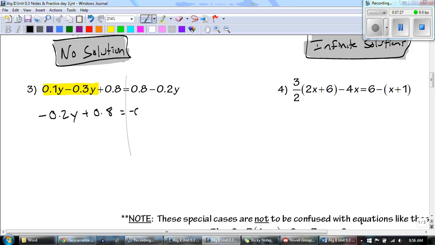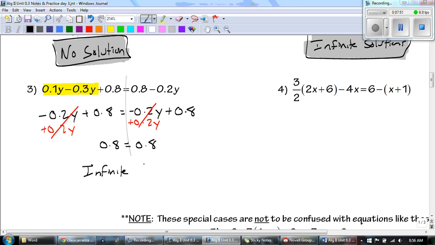I'm just going to put this in standard form, which means I put the variable first, then the number, and then I want to get the variable to one side, so I'm going to add that 0.2y, and whoop, they cancel. So we're left with 0.8 equals 0.8, which is, yeah, infinite solutions.